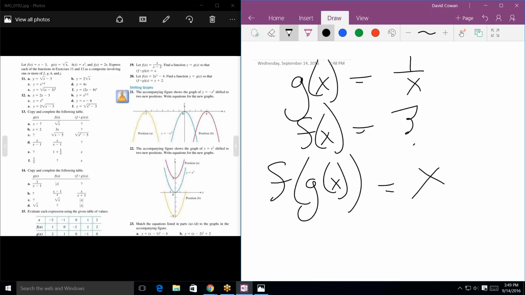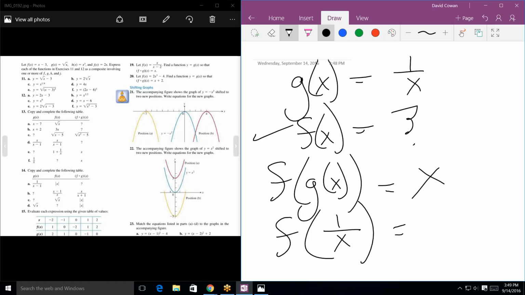In other words, this is what we're trying to solve for here. What could we put in f of x such that f of g of x was equal to x? We know what g of x is. In other words, we can say this. g of x is 1 over x.